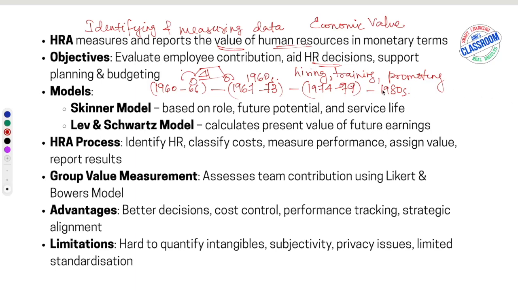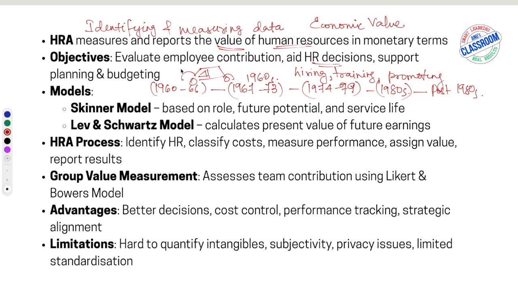So, therefore, HRA became ever more relevant. And then finally, the fifth stage, which is also called post 1980s. So far, this is the final stage. Here, organizations started using both financial as well as non-financial data to assess the people.